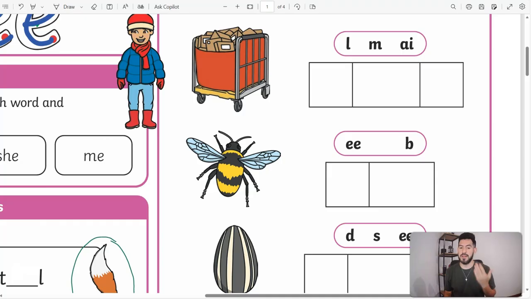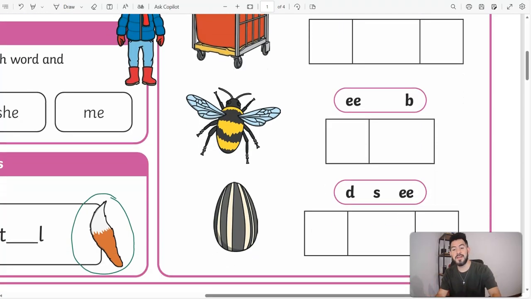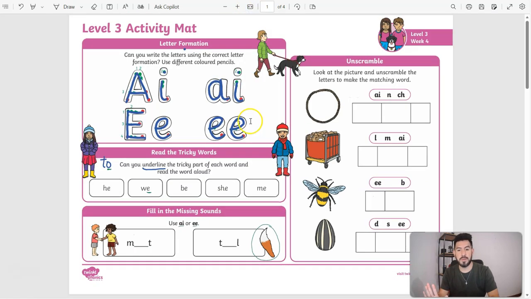I'm sure you know this insect. It's a bee. There's no need to help you with dictation there. And finally we have a little seed, a seed. Okay, that will be the first page.